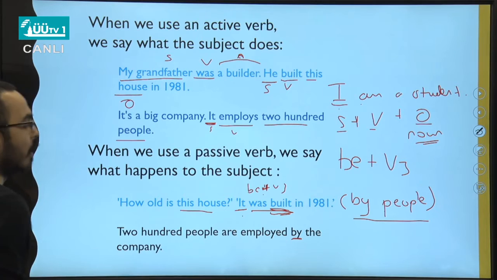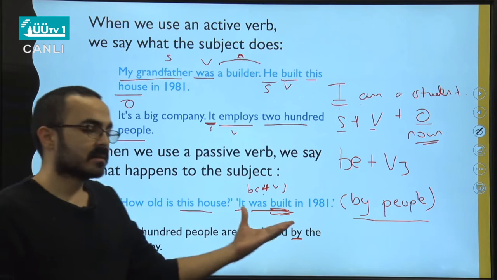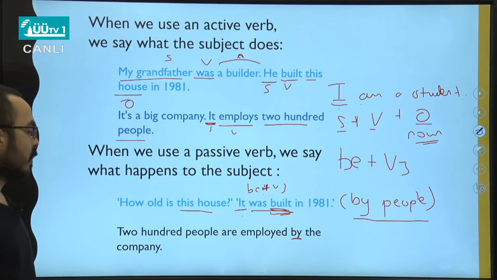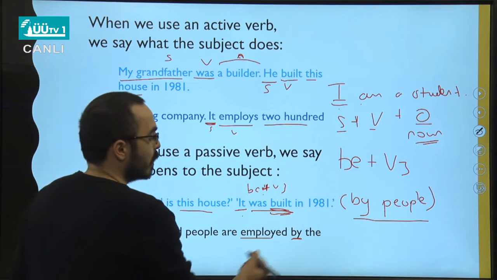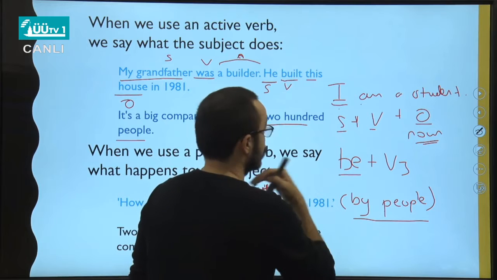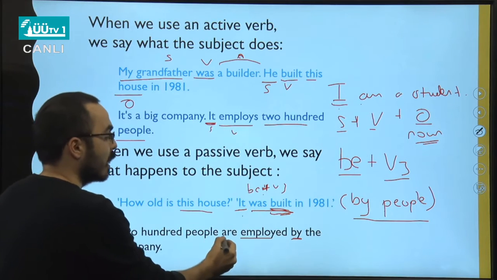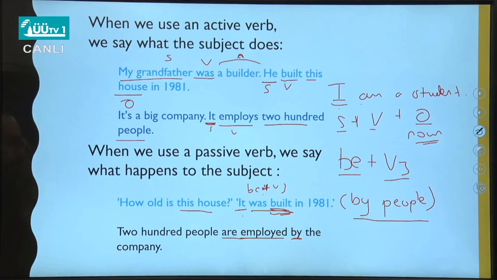200 people are employed by the company. Again, what's the verb here? Employ, right? But here we see the passive voice used. What is that? Be plus verb 3, right? Are employed. So, who does this action and who receives this action?